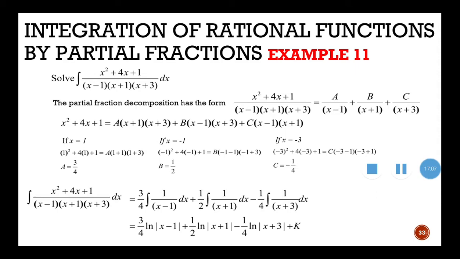Okay, this is example 11. As you can see, it is a lot more complicated, but there are steps on how to solve this question. As you can see, the order of x for the lower part is x to the power of 3, and this one is x to the power of 2.